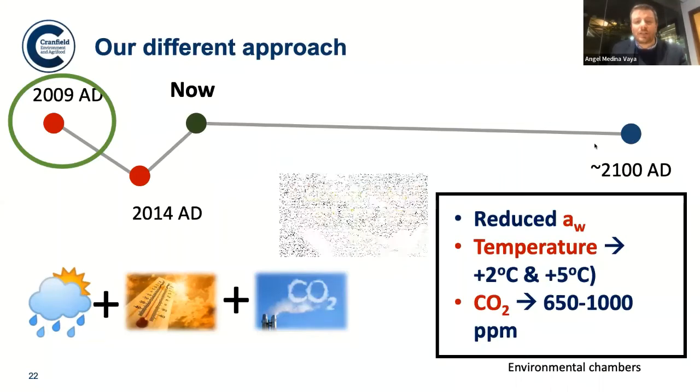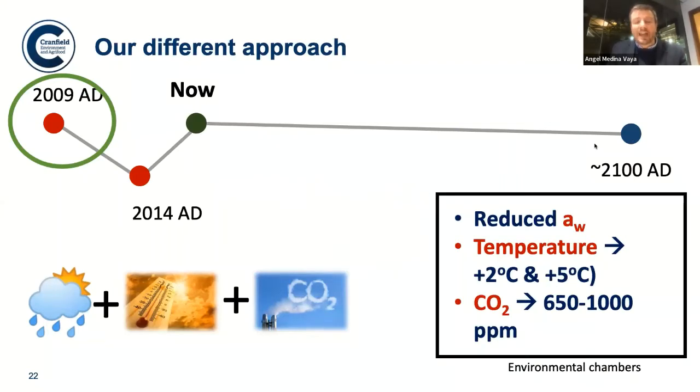How did we do that? We did exactly what was suggested in the predictions. We took food items, in this case maize, and we used an intermediate water activity. We used the different scenarios, +2 and +5, but we added to the research that was being done at that moment the increase in CO2 conditions.